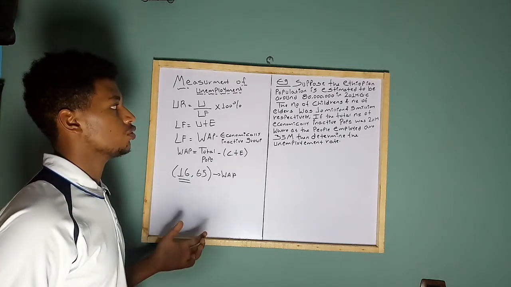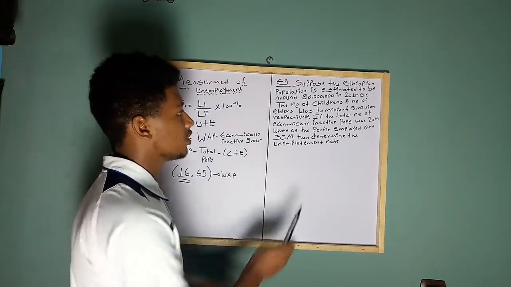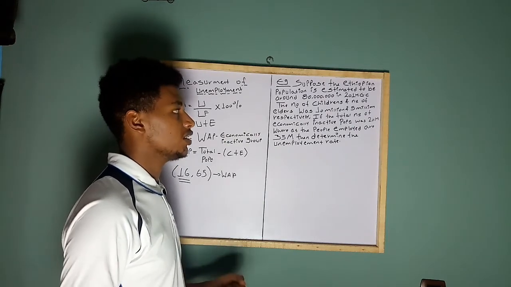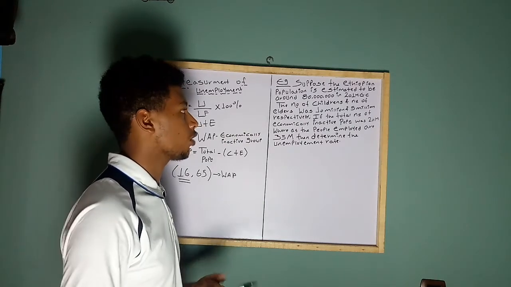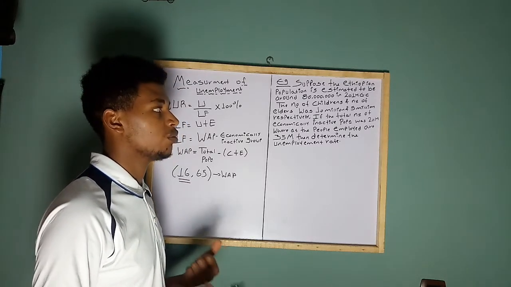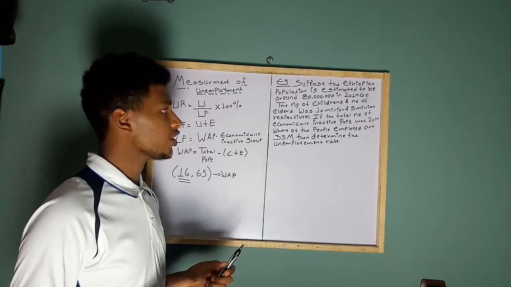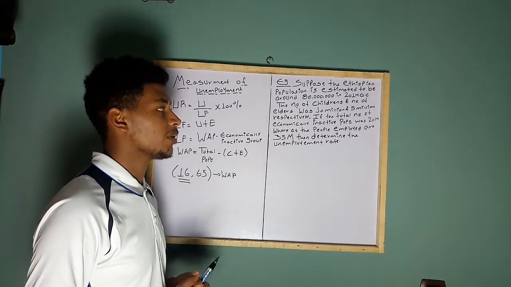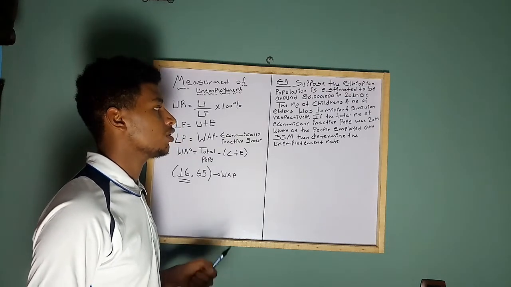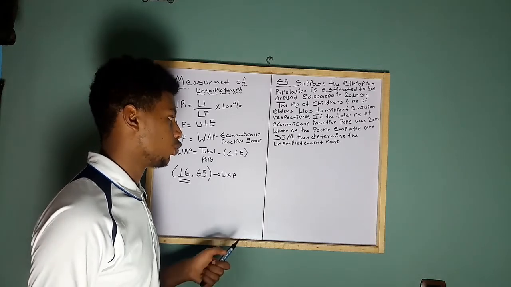So we are going to see an example. The example says, suppose the Ethiopian population is estimated to be around 80 million in 2040 Gregorian calendar, and the number of children and number of elders was 10 million and 5 million respectively. If the total number of economically inactive population was 20 million, whereas the people employed are 35 million, then determine the unemployment rate.